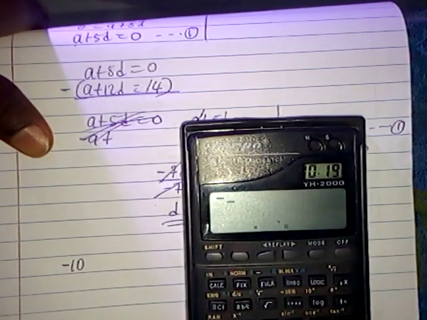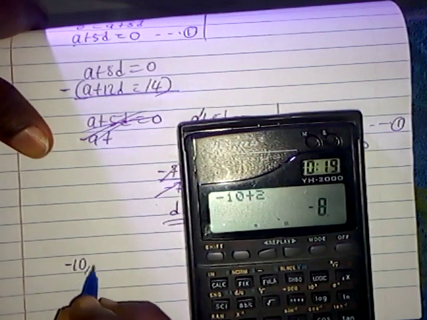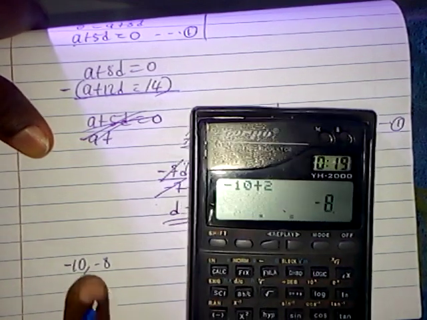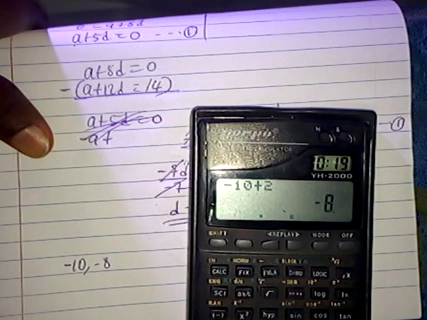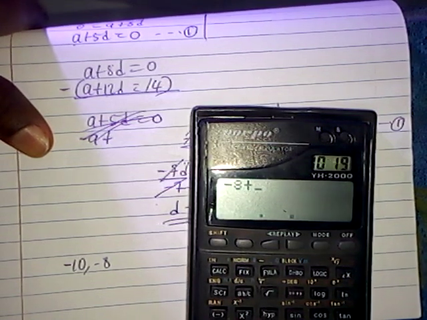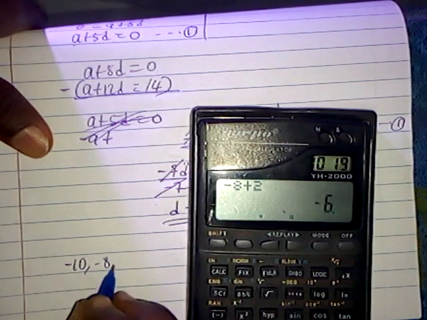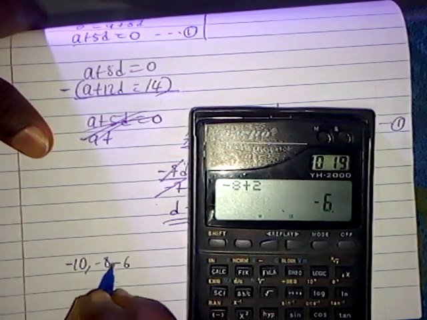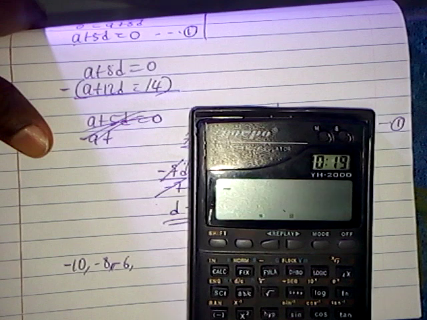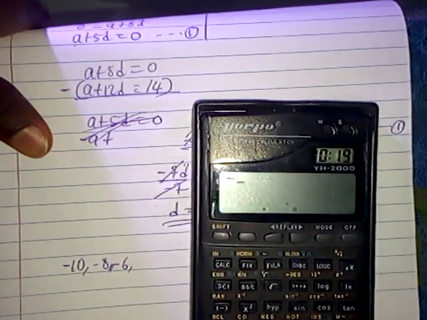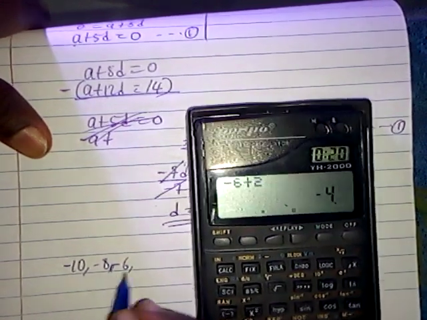So say minus 10 plus 2. You are going to have what? Comma, minus 8. This is the second term. The second term plus what? The common difference. Minus 8 plus 2. You are going to have what? Minus 6, comma. Minus 6 plus 2. You are going to have what?